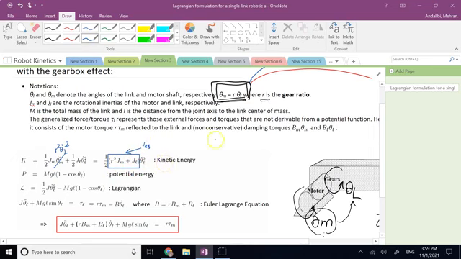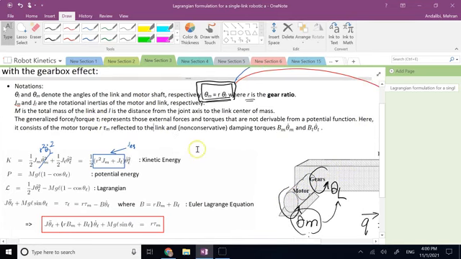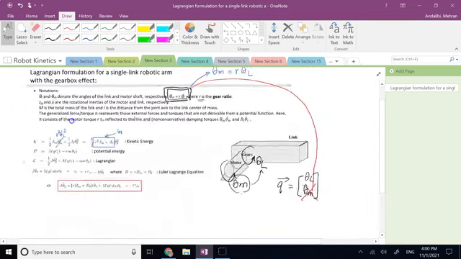J equivalent of the whole system is going to be J of the link plus R squared J of the motor. And this is very important. Why? Because although the inertia of the motor shaft is much smaller than the moment of inertia of the link about the same axis, this gear ratio R is typically a large number, right?